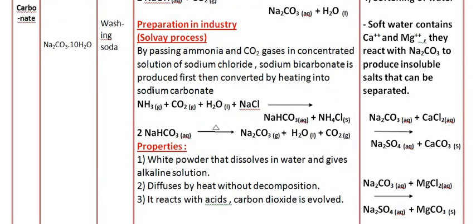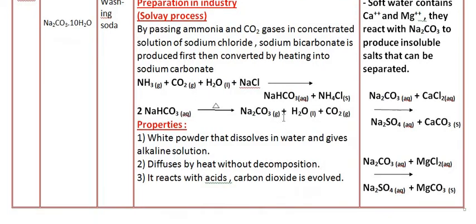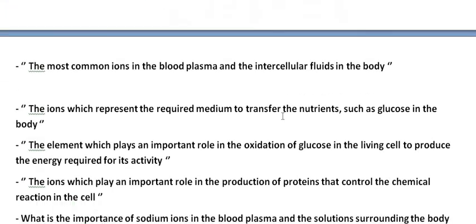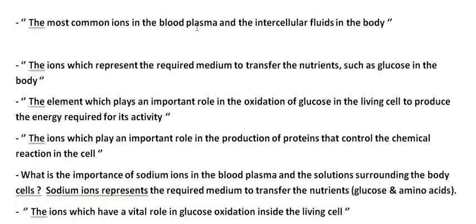The Solvay process is used for industrial preparation of sodium carbonate, known as washing soda. The most common ions in the blood plasma and intercellular fluids in the body are sodium ions.